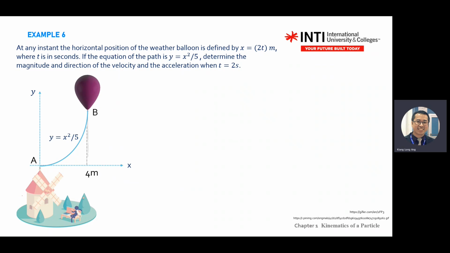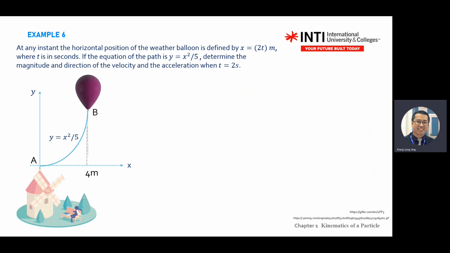Then you'll be given a formula. Most of the time it's a quadratic equation. So you need to predict the motion. You need to know how to draw the path for the object. So if you refer back to the question, you're given the weather balloon, it moves in x in a linear form, which is x equal to 2t, meaning every second it moves in this direction.